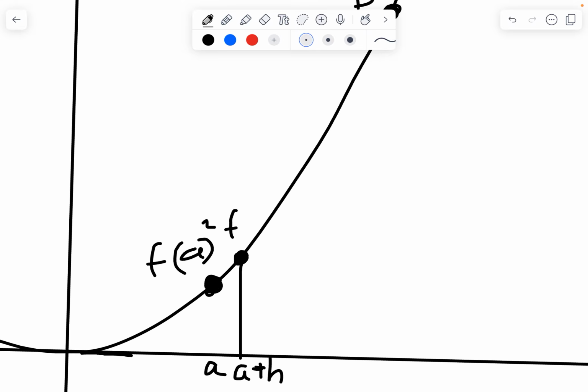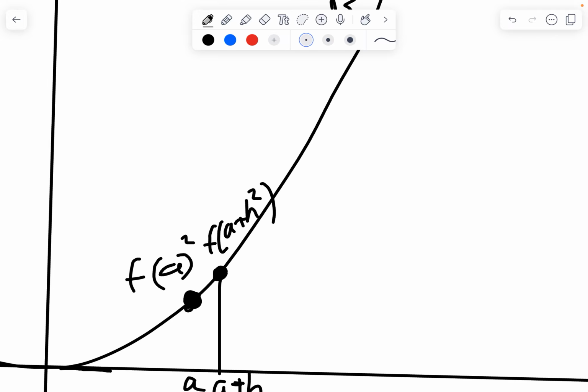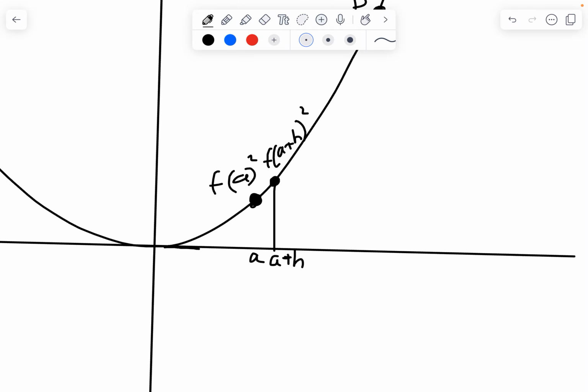And then we have f of a plus h right here, which is a plus h, the whole thing squared. Okay, so now you have your y values and you have your x values.